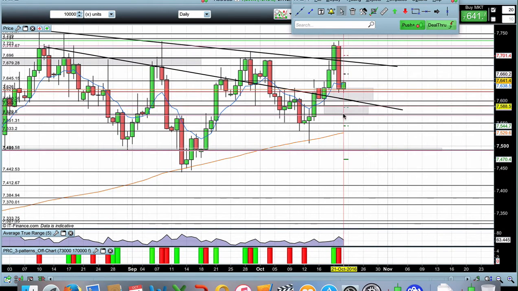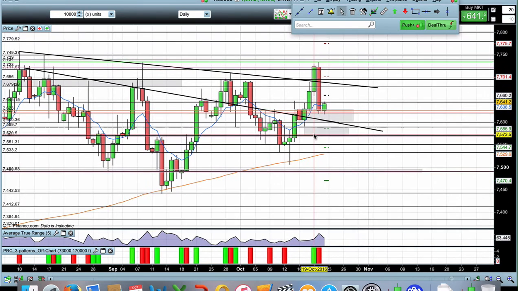Really, I'd like it to also break this zone just below, which I have marked in, which is 7570 is the low of that zone. If we come through there, the market is coming down into at least 7530s and potentially down all the way into the 7500s. So that's what I'm looking for moving forward on the Australian dollar, US dollar, guys.